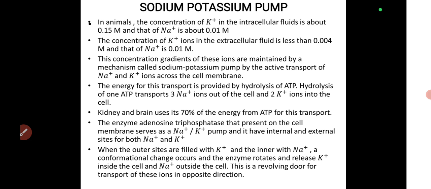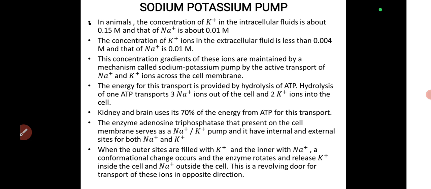Sodium ions are transported from intracellular fluids to extracellular fluids. Similarly, the potassium ions are transported from extracellular fluids to intracellular fluids. Basically, both ions are transported from the site of lower concentration to a site of higher concentration.